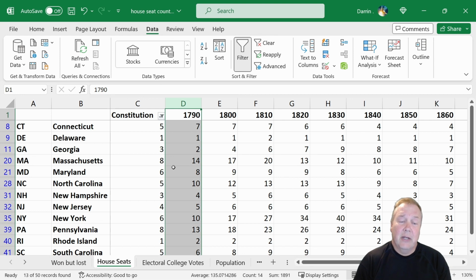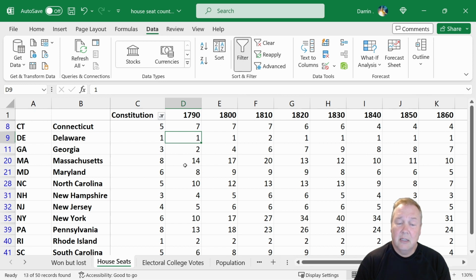Here you see you have small states, Delaware only had one House seat, and big states, Pennsylvania had 13, New York had 10, North Carolina had 10, Massachusetts had 14. So these little states like Delaware and Georgia and Rhode Island, they were afraid they were going to get completely trampled. So that was the compromise to get them to actually join the Union, to give them that extra power in the Senate and the extra power in the Electoral College.